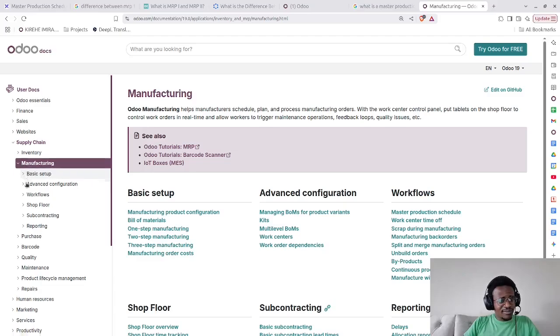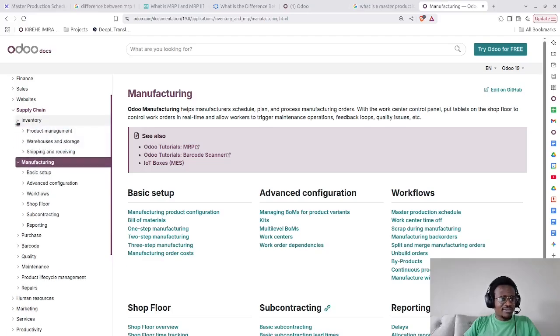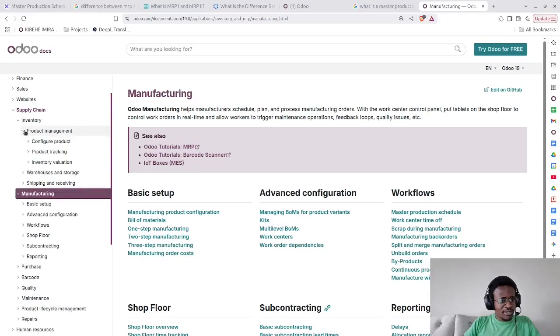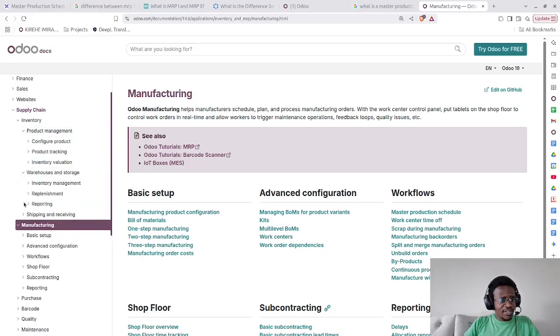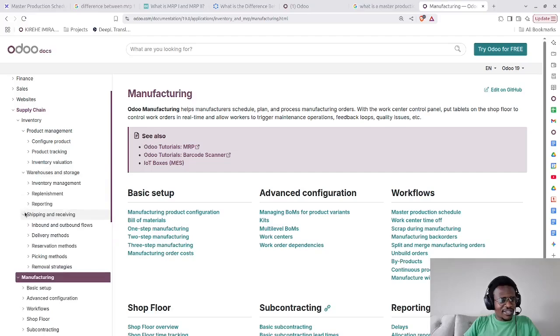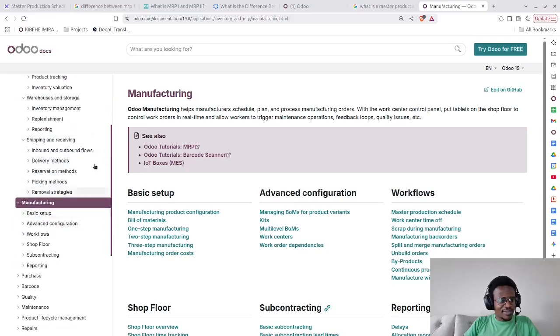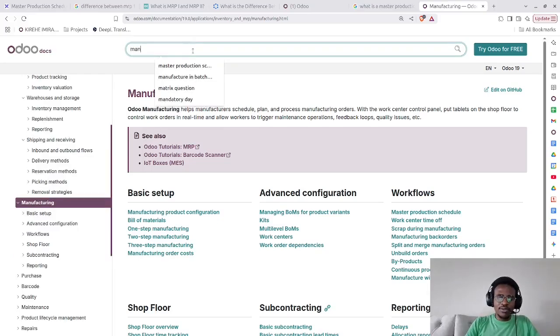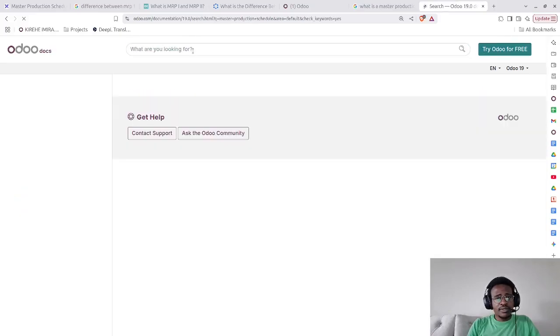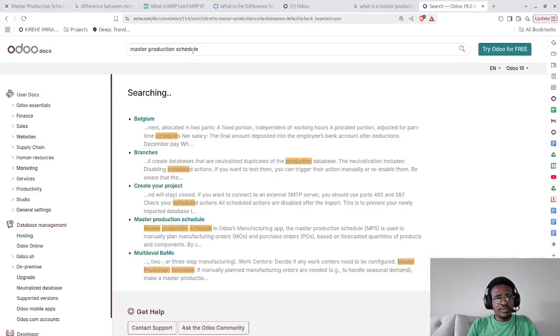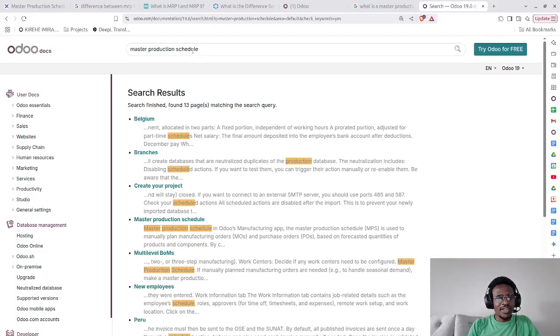If I do not see it here, well, let's go to inventory. Ha, it's not here. Product management, not here. Not here. Not here. Okay, this is a hard flow, so I'll just come here and look like all the lazy people. Master production schedule. Okay, there we go. That's a master production schedule.